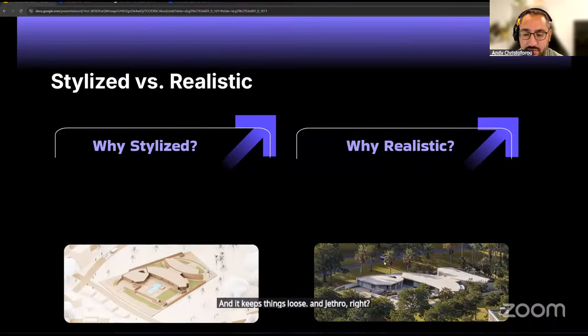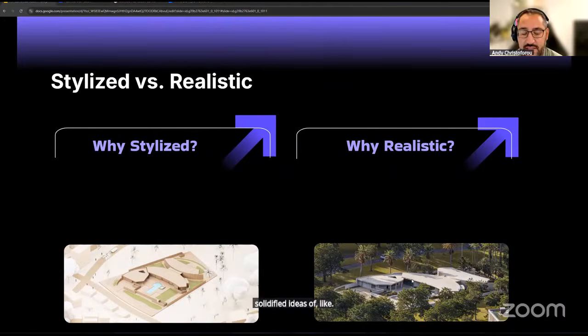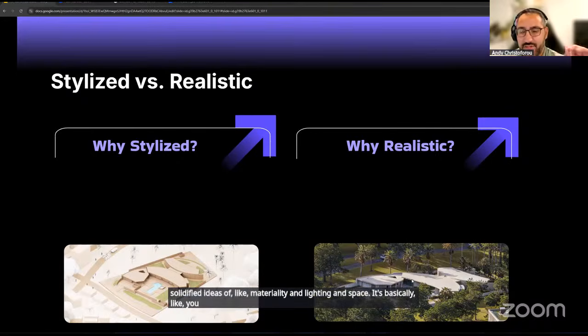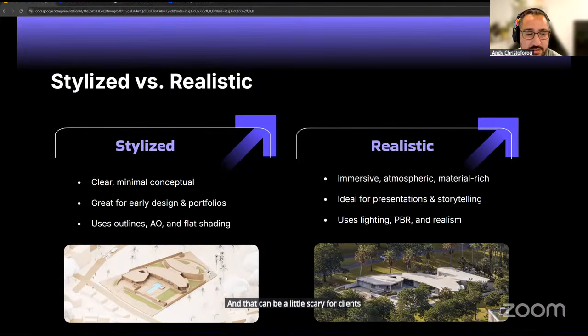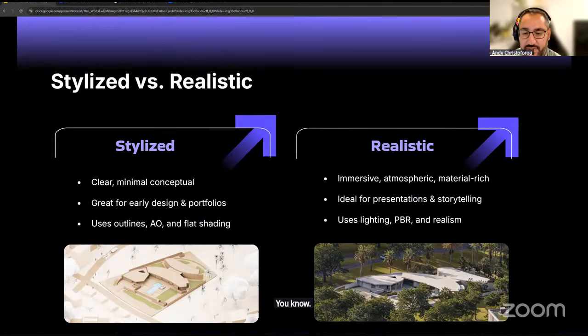When we start presenting in your first design meeting, things with solidified ideas of materiality and lighting and space, it's basically like you went from 0 to 60 in no time at all, and there was no creative process. And that could be a little scary for clients. They do want to start and do this process with you. And if you're showing them this over this, the forms of the house might not be clear. They're going to be focusing on the rendering quality.